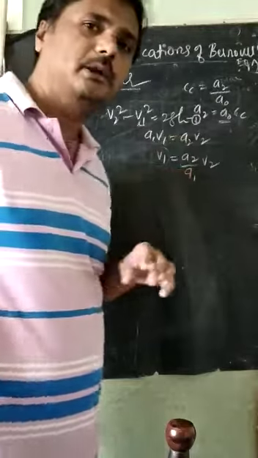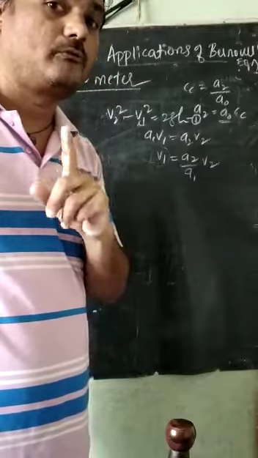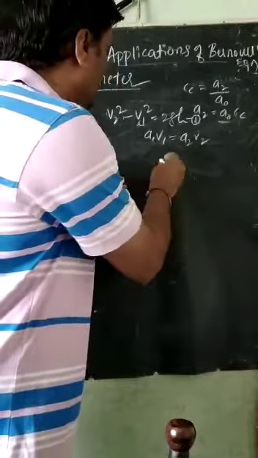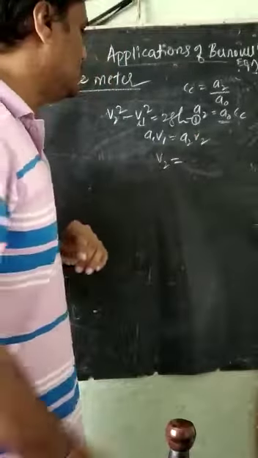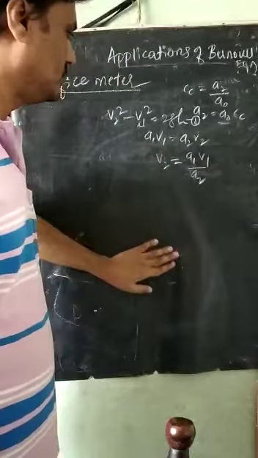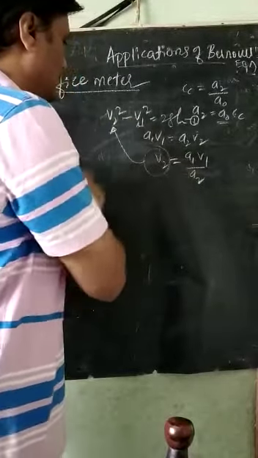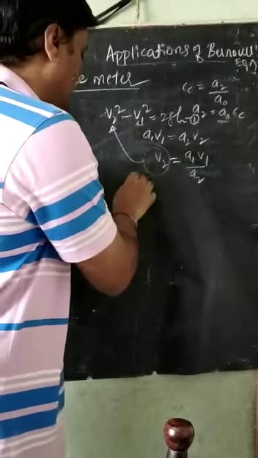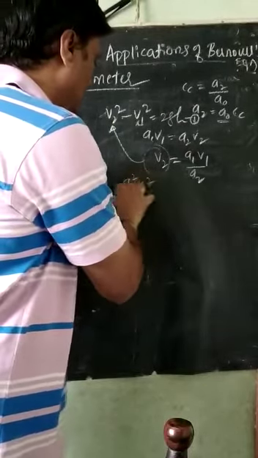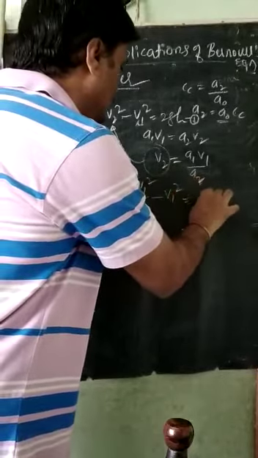V2 and A2 are parameters related to the vena contracta, which are practically not possible to find. So V2 is equal to A1 V1 divided by A2. Putting this V2 here: A1 square V1 square divided by A2 square minus V1 square is equal to 2GH.